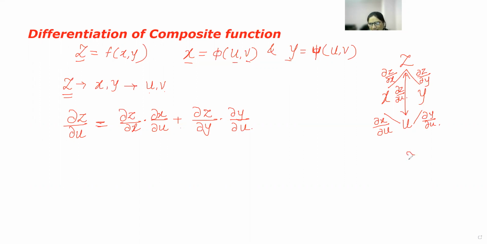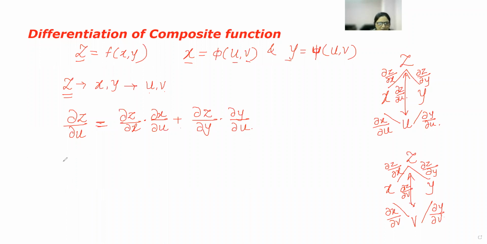Similarly, if I am taking the derivative of this z with respect to v. So here z is a function in x and y, where x and y are functions in v. We have to take the derivative of this z with respect to v. By using chain rule, it is dou z by dou x into dou x by dou v plus dou z by dou y into dou y by dou v.